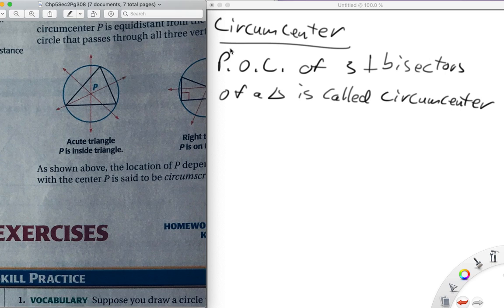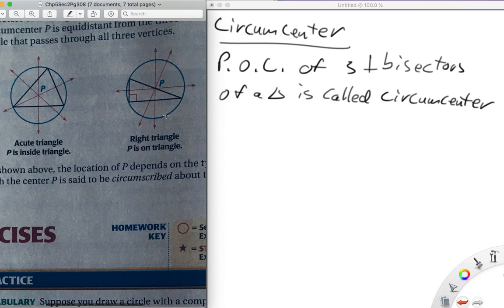I'm not going to draw these. But when there's an acute triangle, the equidistant point is going to be inside, equidistant to each vertex. So this triangle is circumscribed, meaning a circle is drawn around it such that the circle hits each vertex of the triangle.